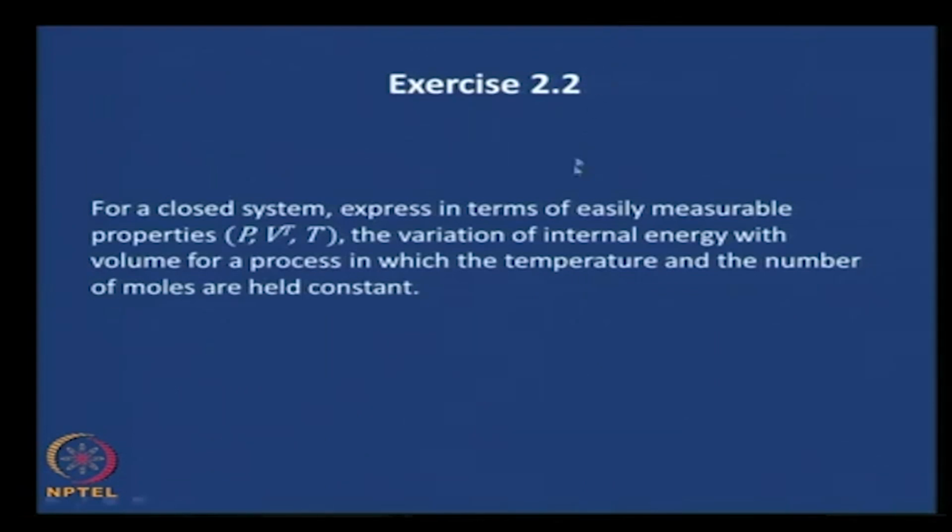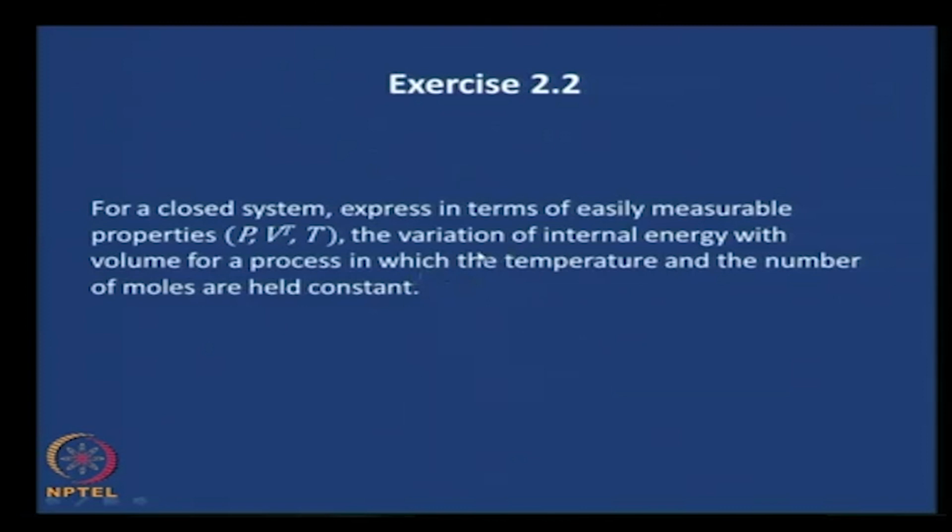This exercise essentially shows the way to use some of the relationships that we have developed so far. The question is, for a closed system, express in terms of easily measurable properties, pressure, total volume and temperature, the variation of internal energy with volume for a process in which the temperature and the number of moles are held constant.